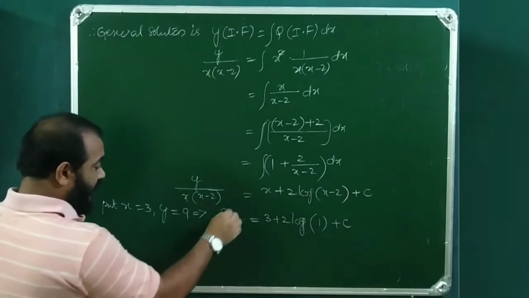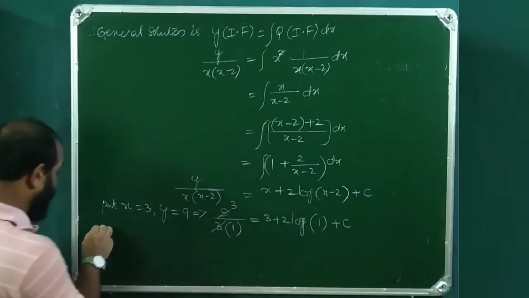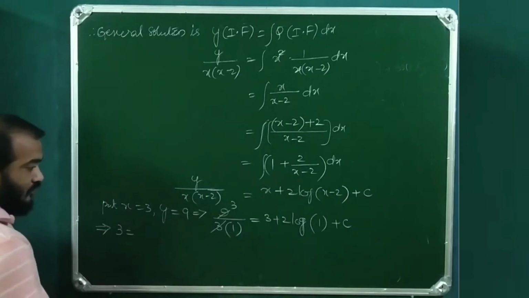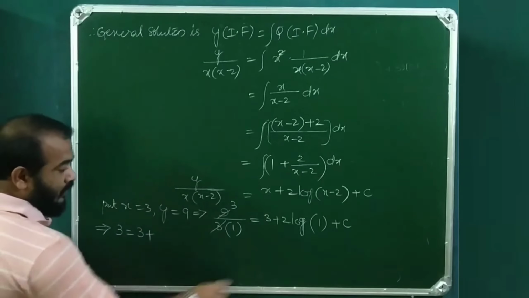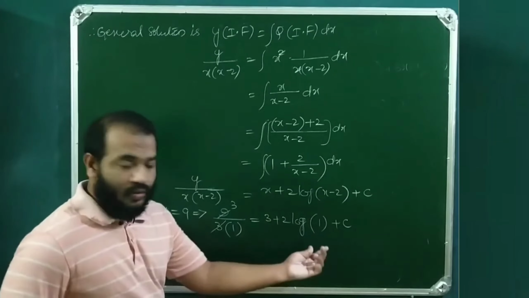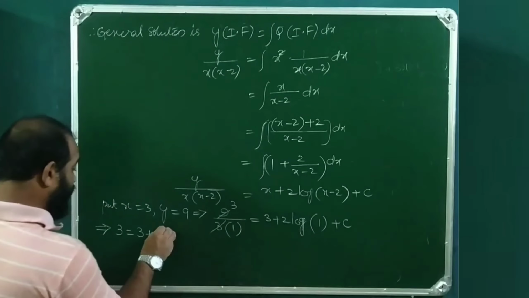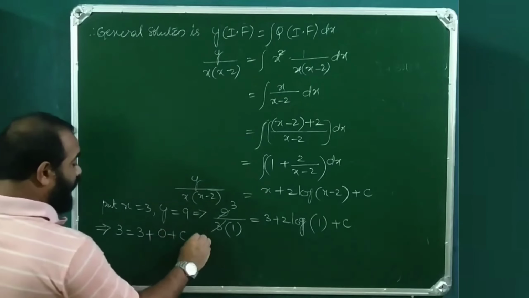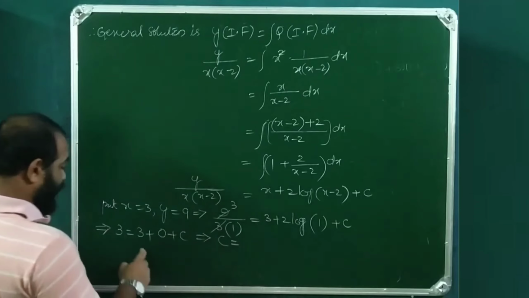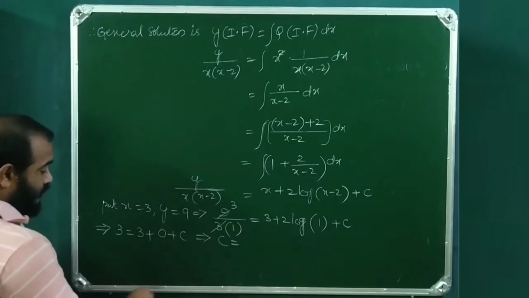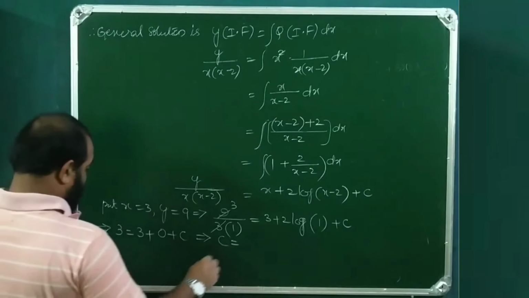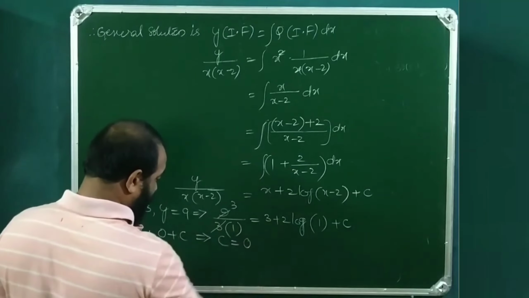So this is 3 times, this implies 3 equals 3 plus log 1, whose value is 0. So 2 into 0 is 0 plus c. Therefore c equals 3 minus 3, which is 0.